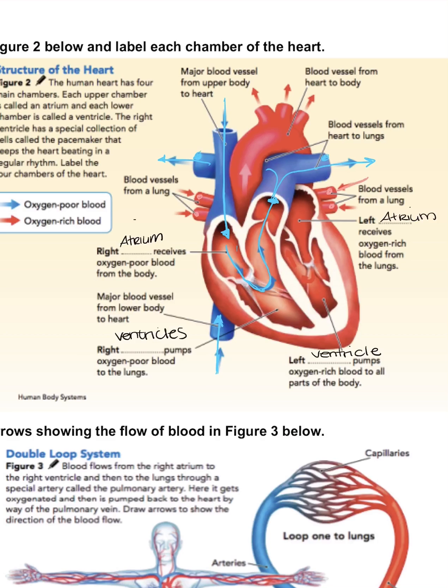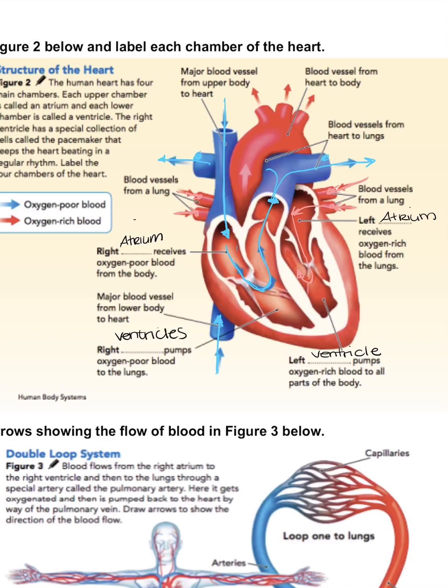So I'm going to bring in my blood from the lungs. Okay, so in through these veins here, and I'm going to put it in the left atrium. I'm going to pump the heart, and I'm going to open this valve here, and I'm going to pump it down into the left ventricle.